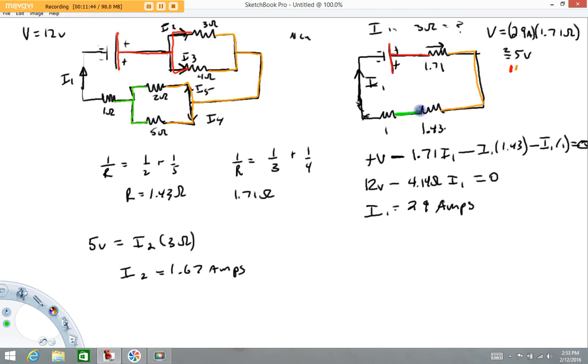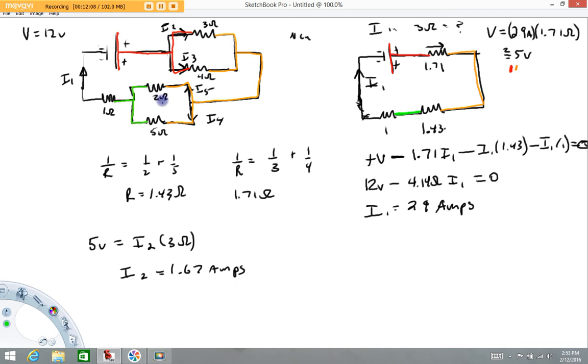If you were wondering earlier about that, did he miss that? The answer is yes. That's okay. It didn't affect any of the work here anyway. So this yellow to green potential we would calculate by IR, 2.9 amps times 1.43 ohms. We could then take that voltage and apply it here to get I4 and here to get I5. And we'd have this thing completely wrapped up.